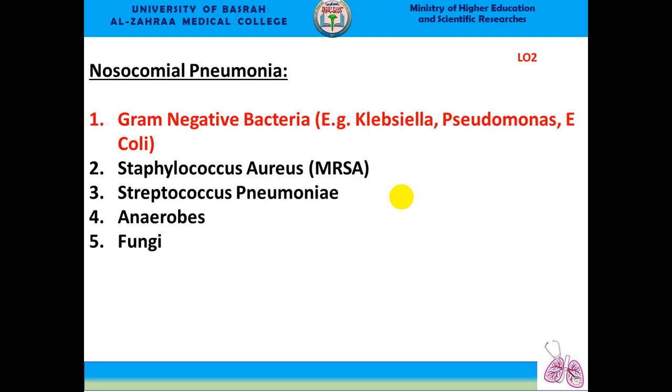So we call it methicillin-resistant Staphylococcus aureus. And thirdly, we have the Streptococcus pneumoniae, the same microorganism, which is the most common cause of community-acquired pneumonia. And fourthly is the anaerobes. And you remember the anaerobes, they are living in areas with low oxygenation. And finally, we have the fungi.